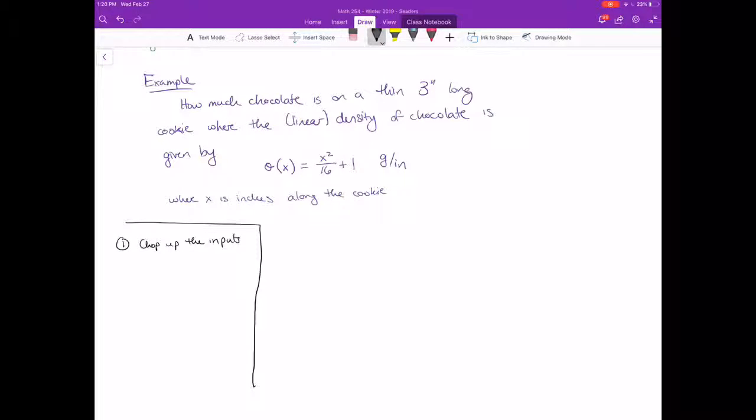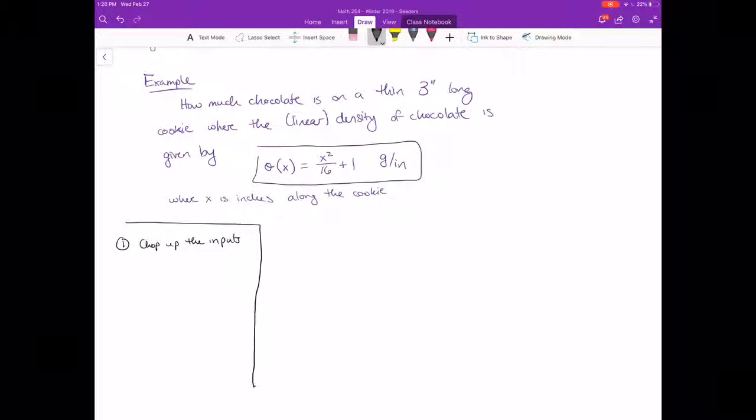I can't just take this density function and multiply it by my 3 inches because my density changes depending on where I'm at along the cookie. So I can't just take the density in grams per inch times the 3 inches because my density is different depending on where I'm at along the cookie.